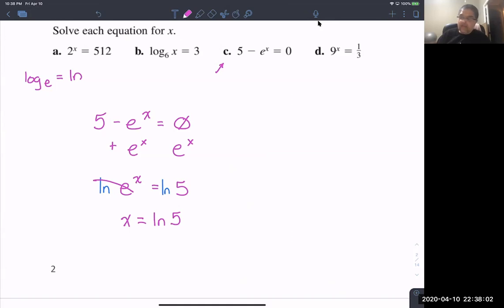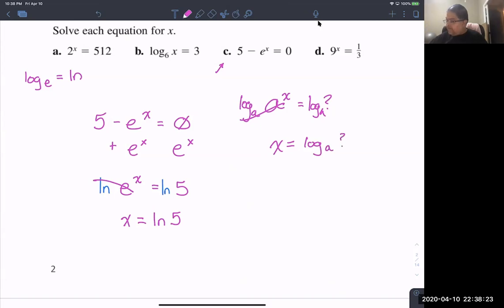So take home point: if you have an exponent equaling some number, you're going to do log base a of both sides to cancel and get the variable by itself.